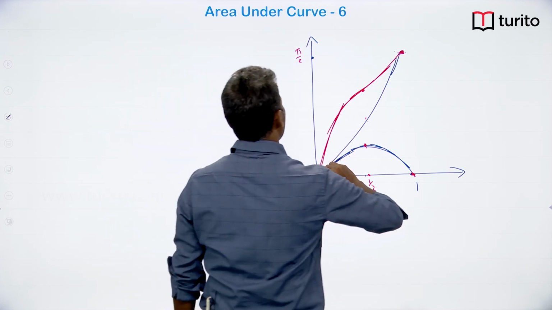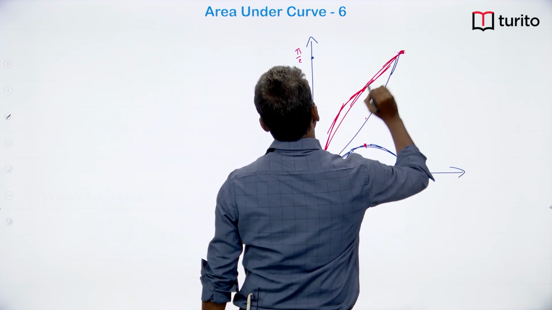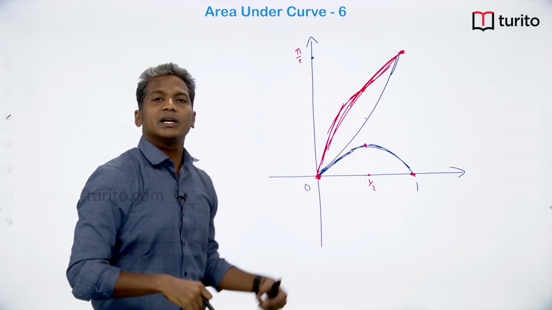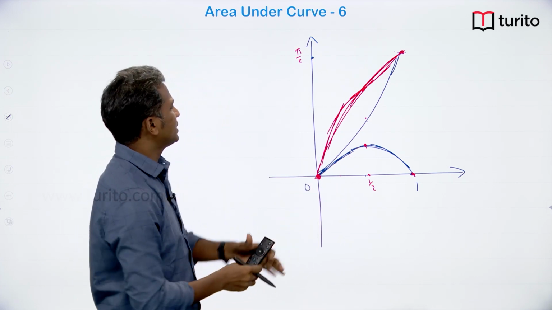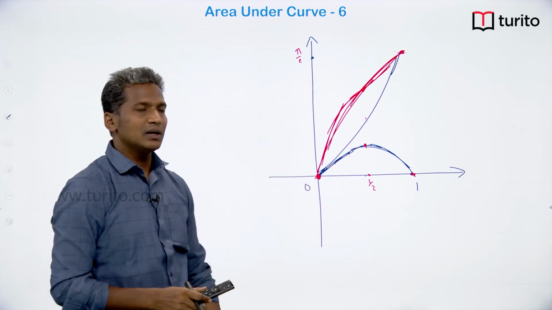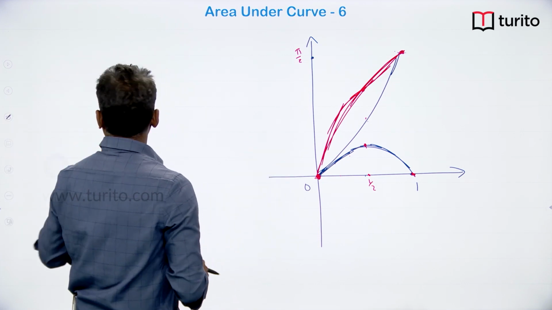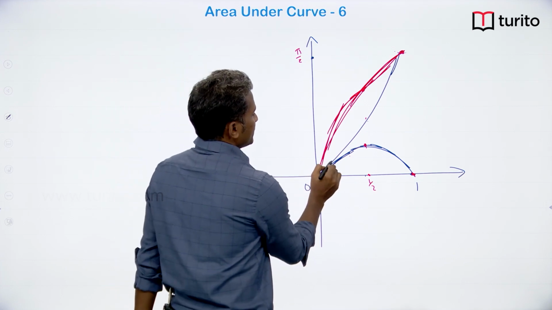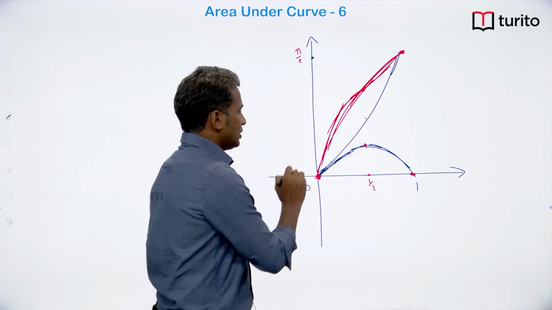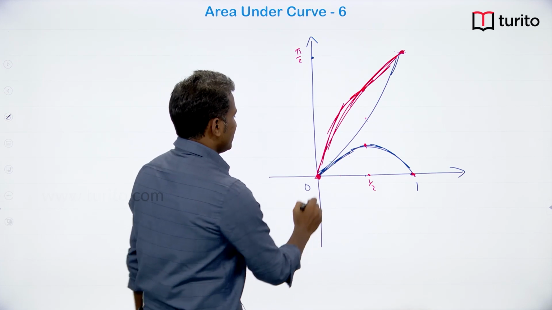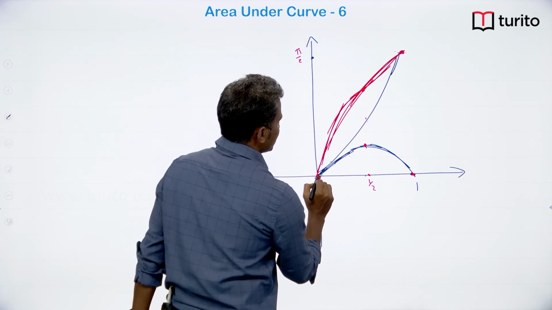Or the graph could be like this also. We don't know the exact graph, but we can roughly draw the graph. So this is our rough graph. Now let's look at the other case, that is the green. Initially, if we observe, both are almost equal, so the difference is positive. So the value will be somewhere positive here.